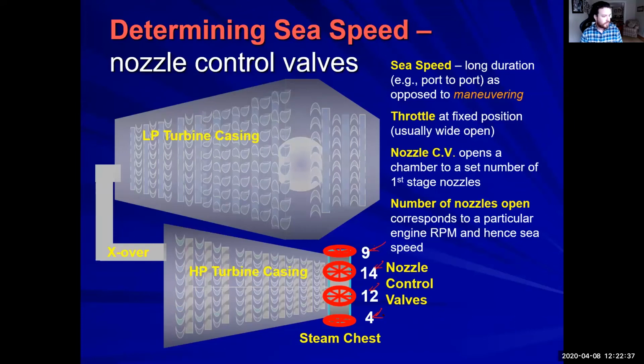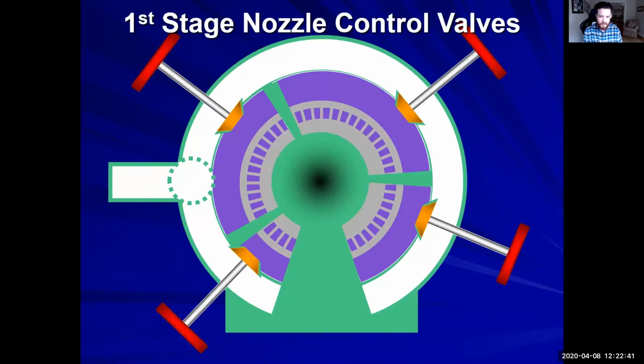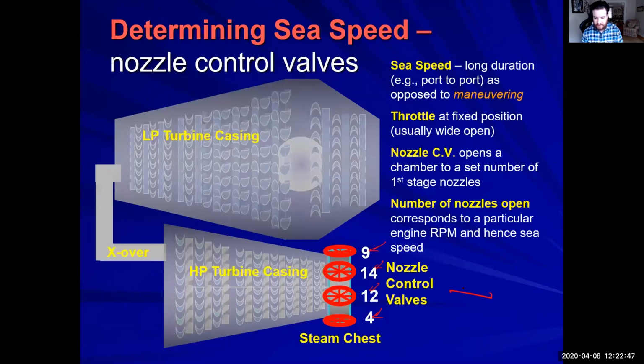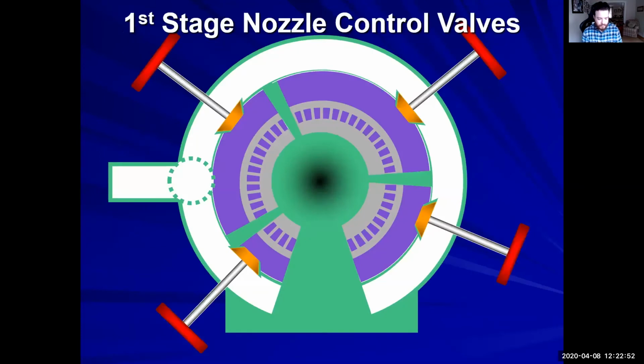So this is looking down at the turbine. So we are taking a look at it this way. This is where the steam enters from our high pressure from our boiler.